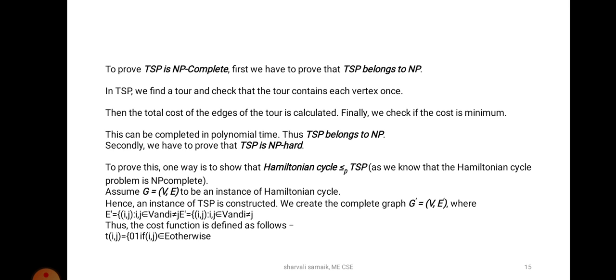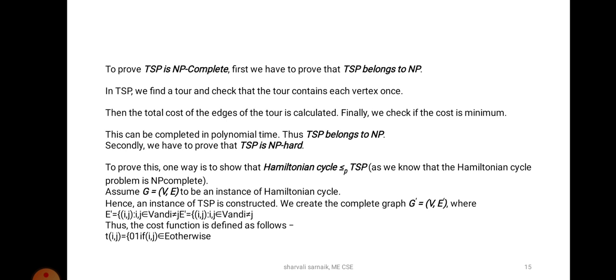If he is visiting twice or thrice, then it will not be considered as a traveling salesman and NP complete problem. So that person has to visit Kolhapur once, Pune once, Mumbai once and Nashik one time. So if the person is visiting Mumbai twice or Pune twice, then it won't be considered an NP complete problem. So we have to find a tour and check that the tour contains every vertex once.